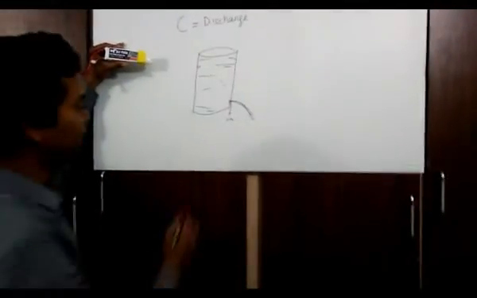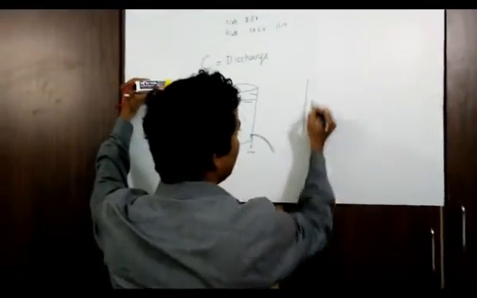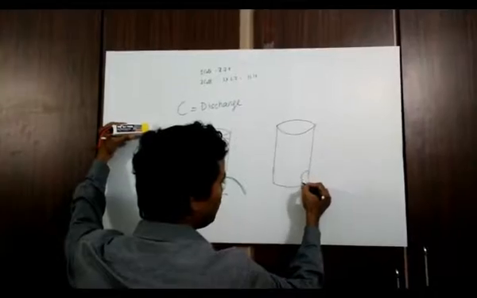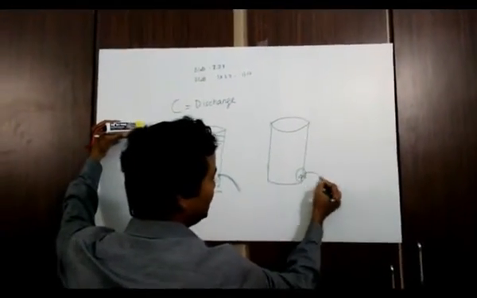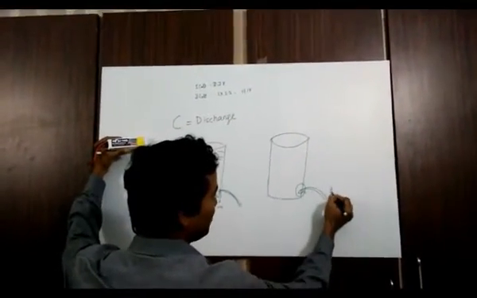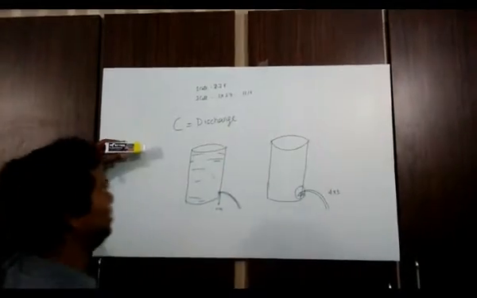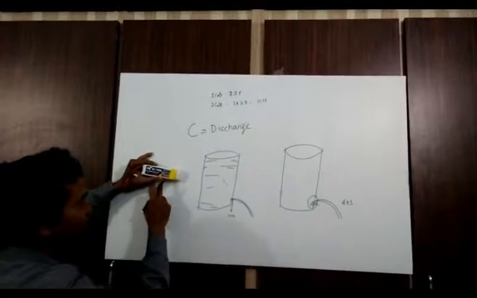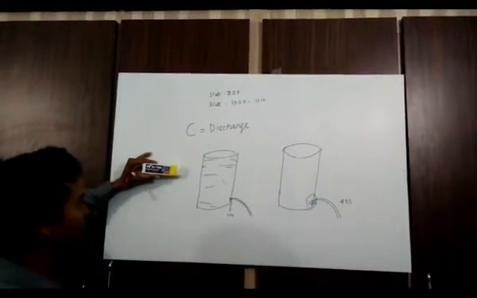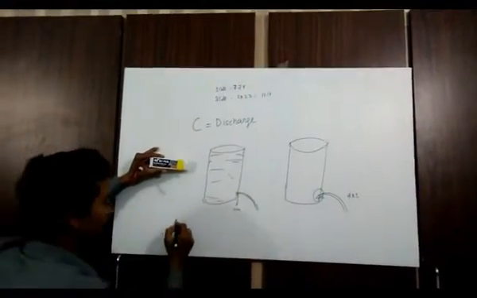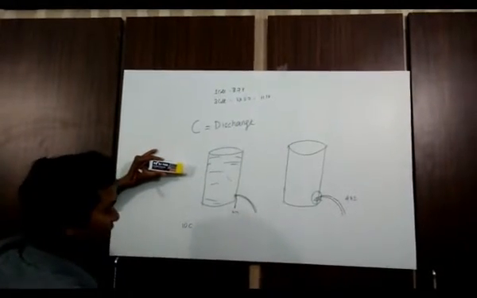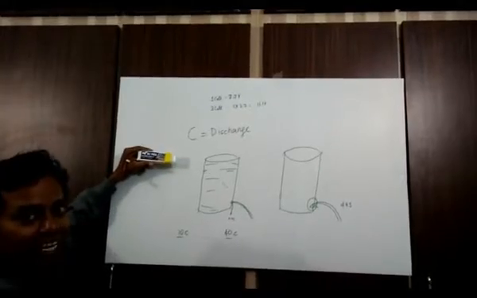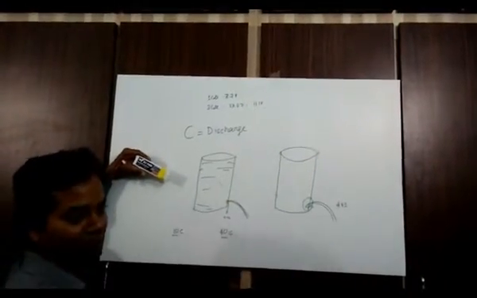If I take the same tank with a 4 centimeter hole, then the discharge will be 4 times. The same thing applies to a battery: if it is 25C or 5C, or if one battery has 10C and another battery has 40C, it depends on the discharge, how much power it can deliver.